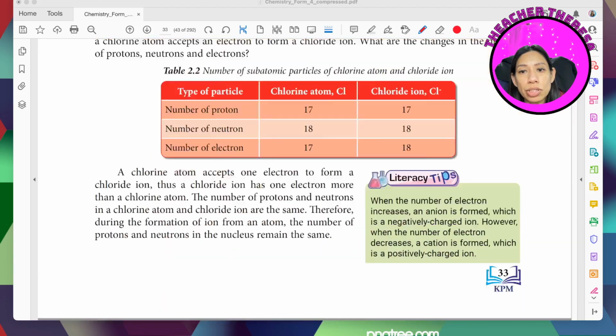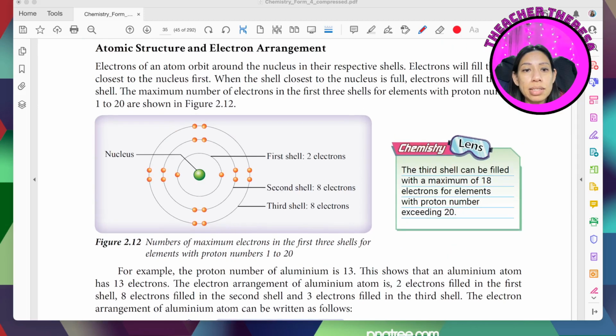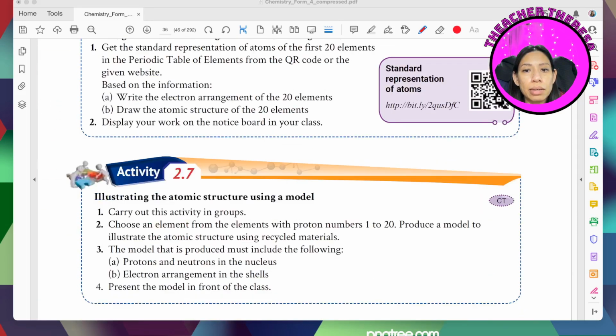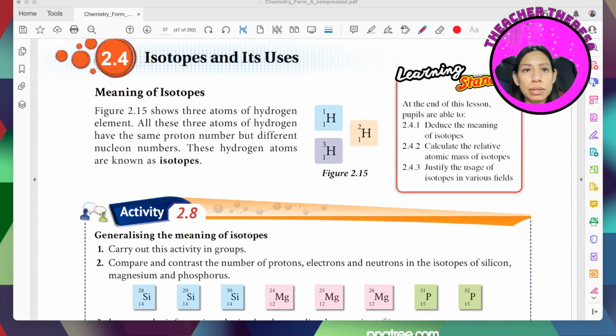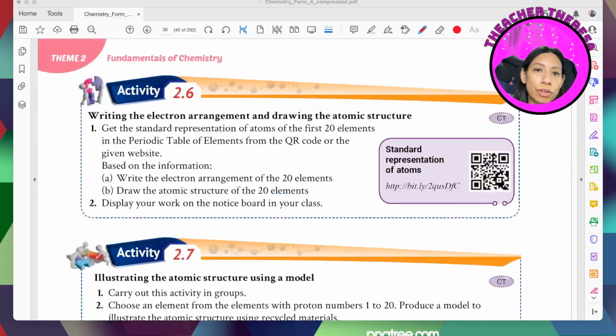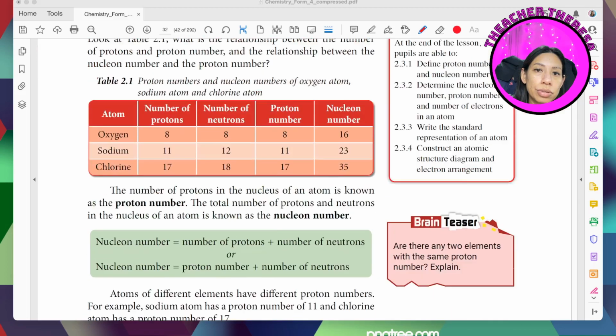This is what we call an atomic structure diagram. Then only you go to 2.4. So we will cover till 2.3.